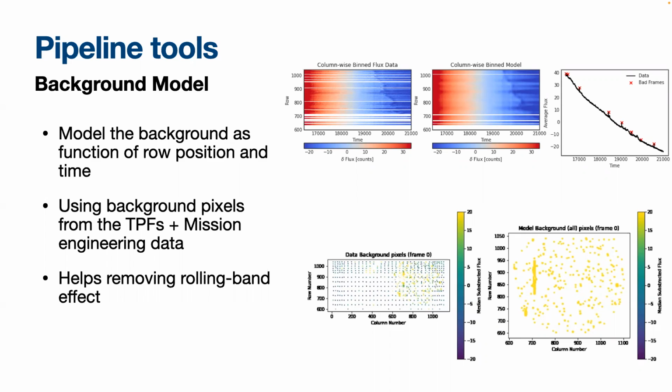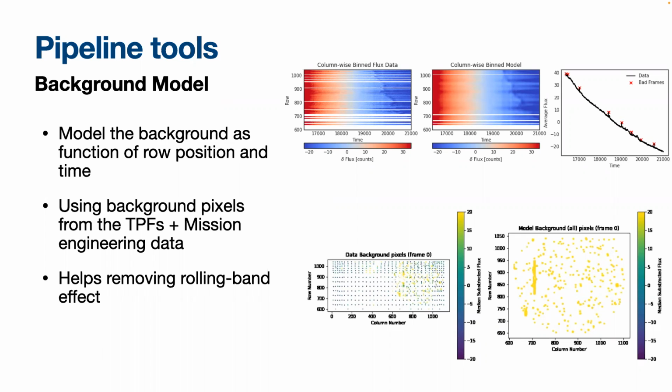This is good. We can create a very good background model, but the problem is sometimes the background pixels in the TPFs are very sparse, just a handful of them, where we are looking at very crowded regions. So we need to account for that, and to do that, we augmented our background pixels by using the engineering data that was observed.